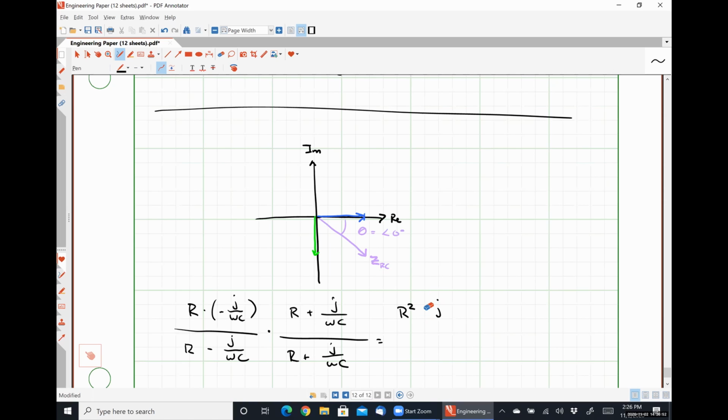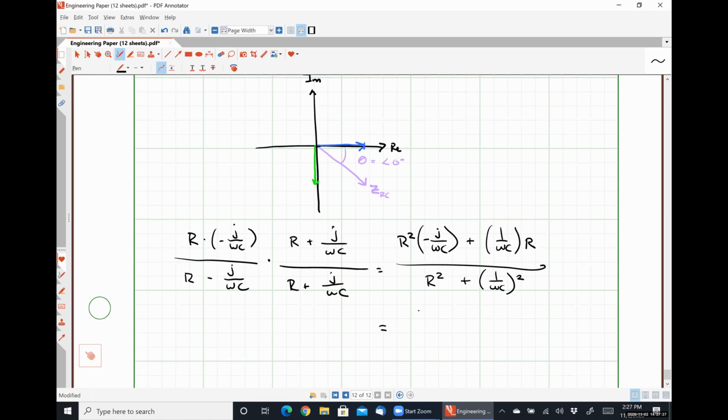minus j, hold on. All right, negative j times j is positive, so 1 over omega C times R divided by... and I can write this as R over omega C divided by R squared plus 1 over omega C squared, minus j R squared over omega C, R squared plus 1 over omega C quantity squared.